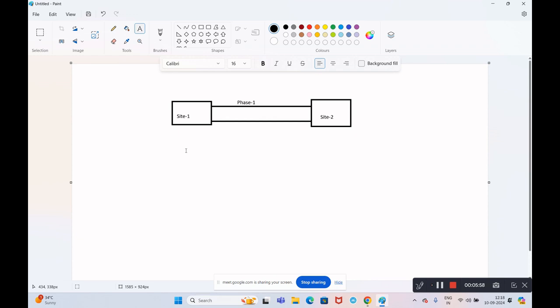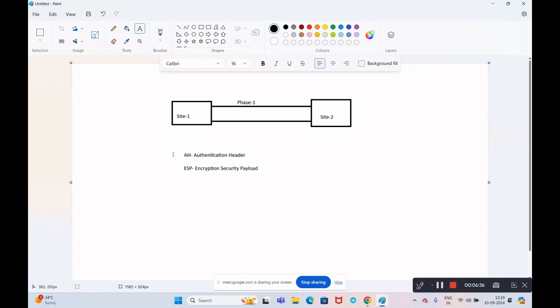In phase 2 there are two types of protocols: one is AH, which means authentication header, and the second is ESP, which means encapsulating security payload.